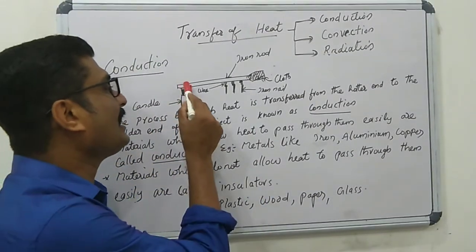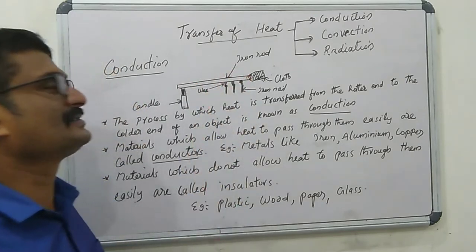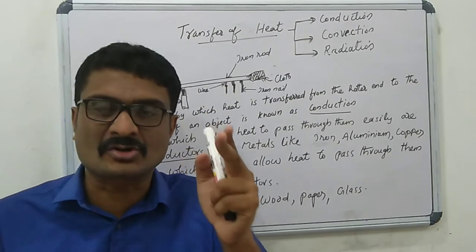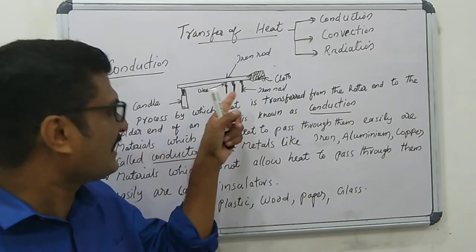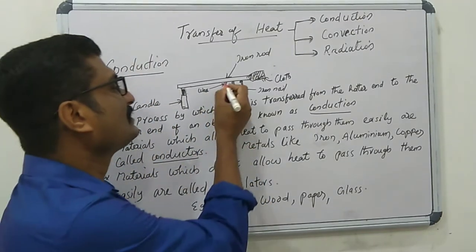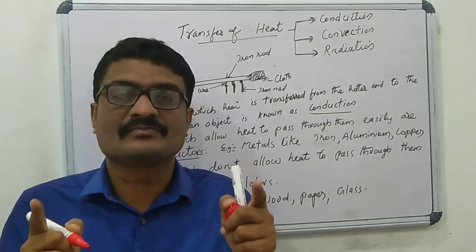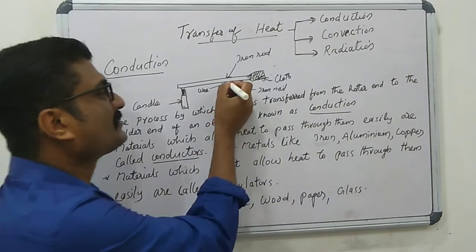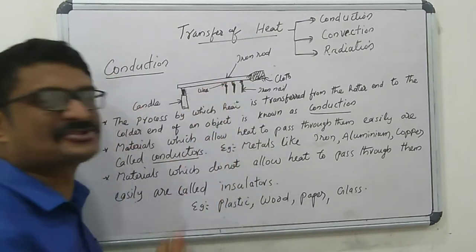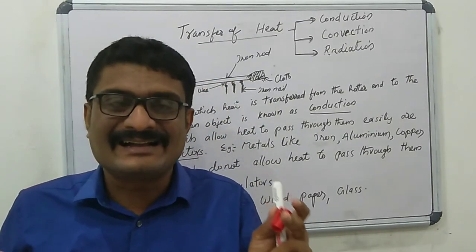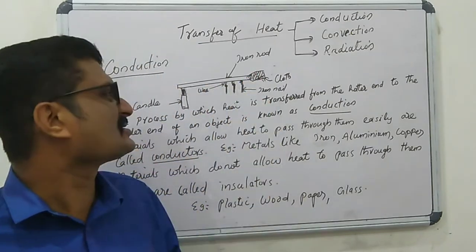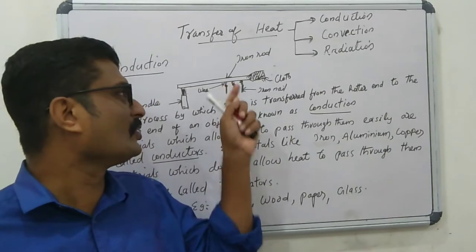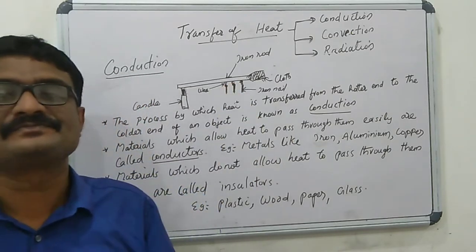Take an iron rod, then clean this iron rod with a cloth and then stick blocks of wax on it at small intervals, about 1 or 2 centimeters.